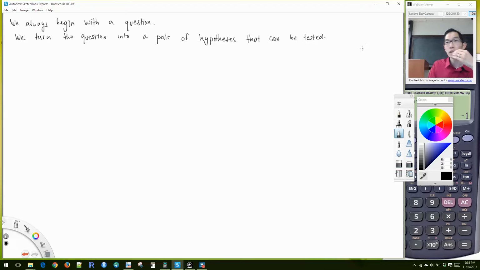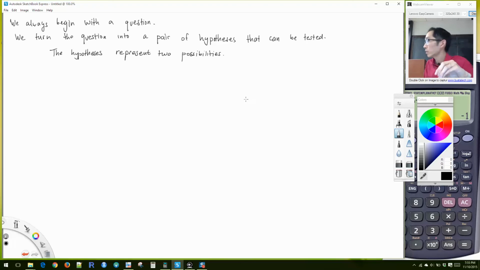Okay, and these hypotheses represent basically two possibilities that exist. Okay, and either one or the other must be true, and we are going to use our evidence to decide whether we can reject one hypothesis or not, okay?